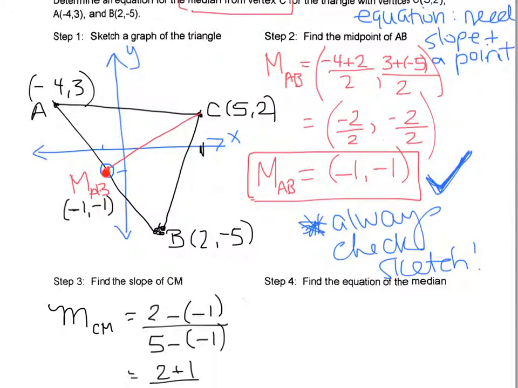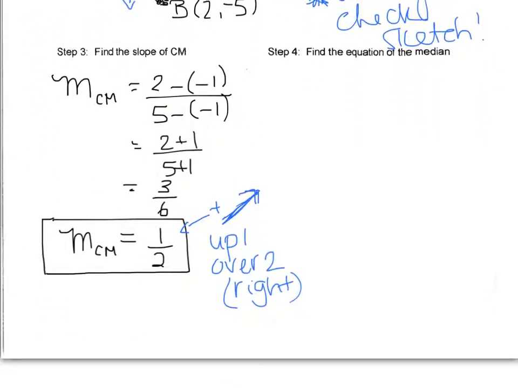So from point M, do we go up 1 over 2? Yeah, approximately we do. So we're going to check and make sure it makes sense with our picture. If it does, then we're going to continue on and use that slope in our final step. So I'm just going to put a check mark showing that I did verify that in my graph, and we're good to go. Finally, we need to find the equation of a median.